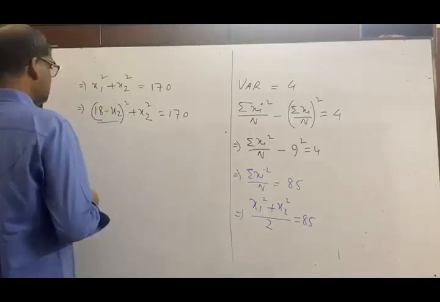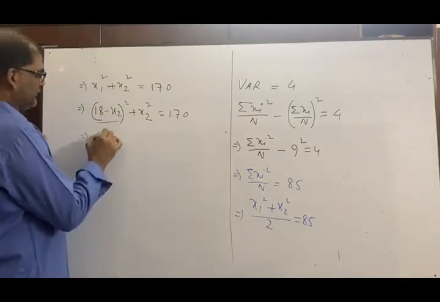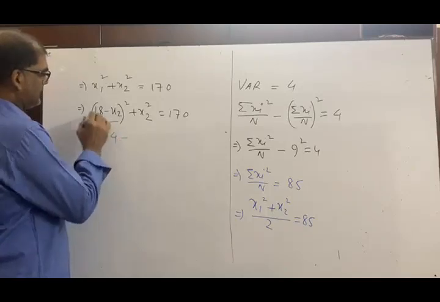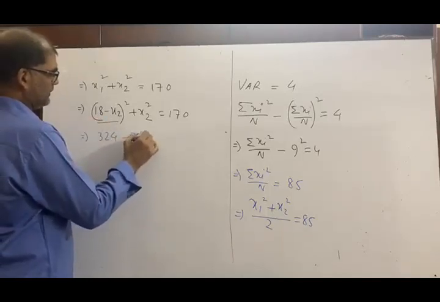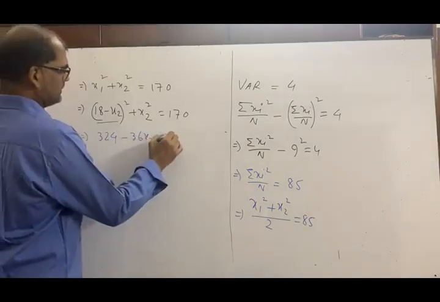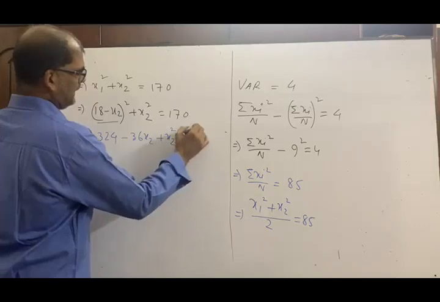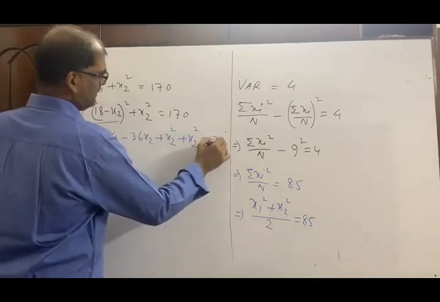Now, you see, 324 minus 36x2, plus x2 square equals 170.